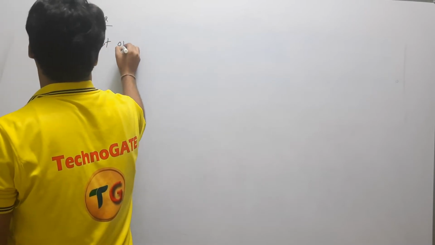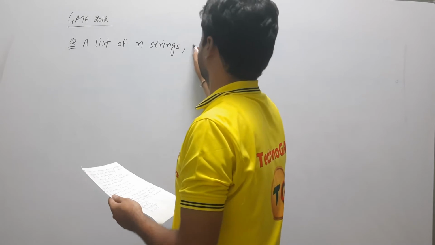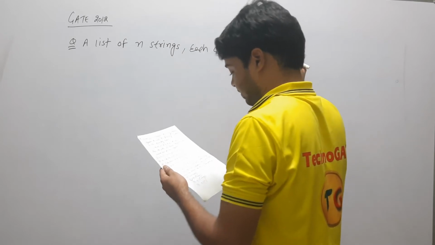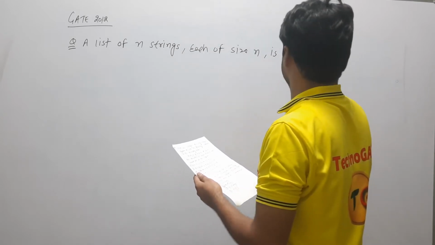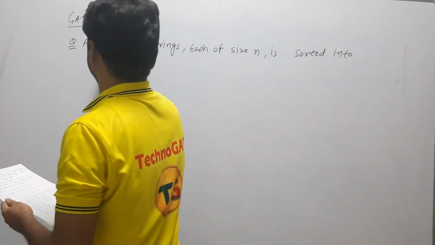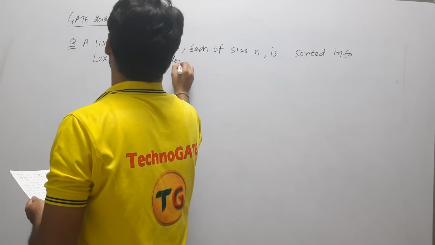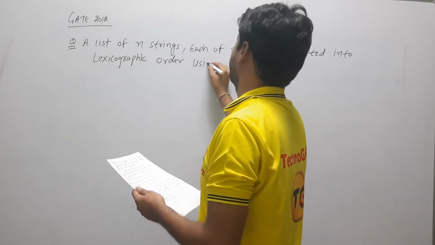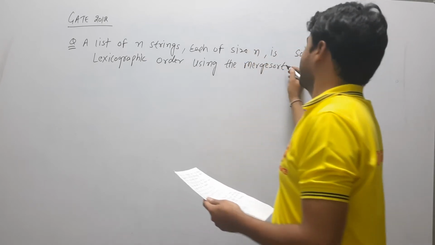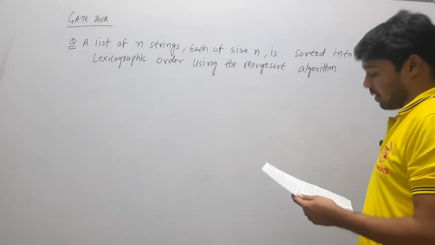A list of n strings, each of size n, is sorted into lexicographic order using the merge sort algorithm.